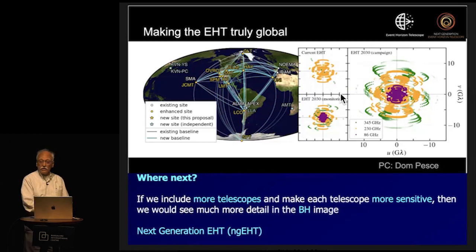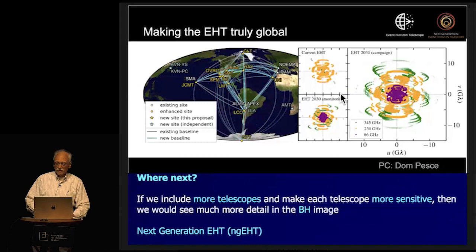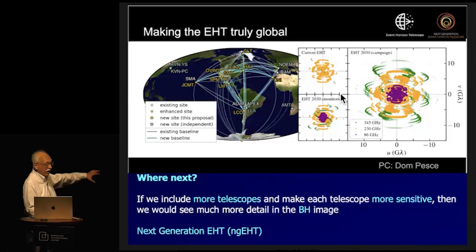So the plan is, why don't we try and use these sites, get additional telescopes. These will give you more information, and in addition, make the instruments more sensitive. This is really an electronics exercise. You need to get more bandwidth, more sensitivity, reduce noise, all sorts of engineering issues.